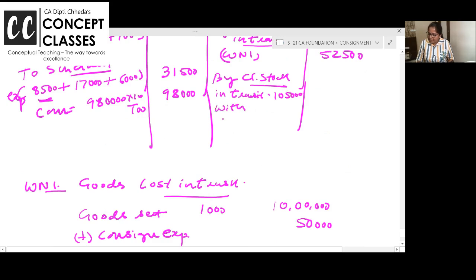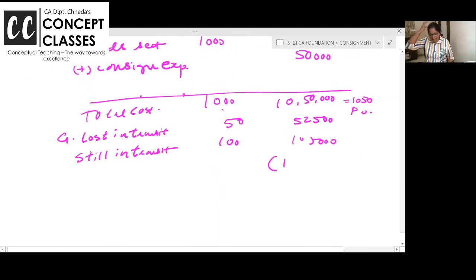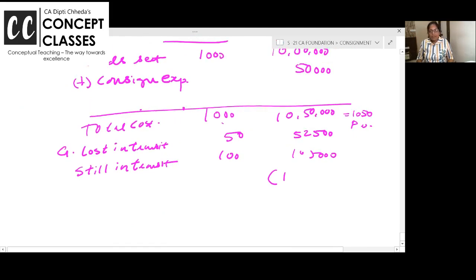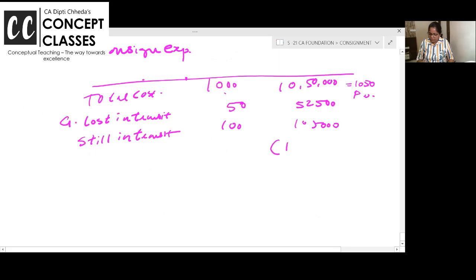With consignee. Now we will do working note 2, closing stock with consignee. We can continue here also in this same problem.